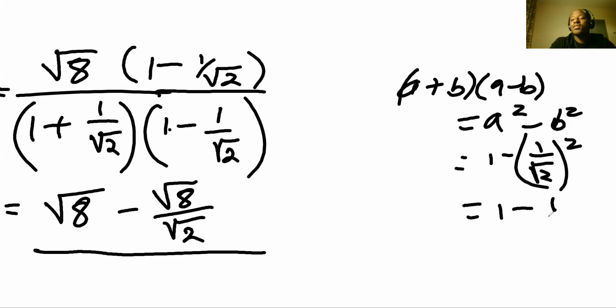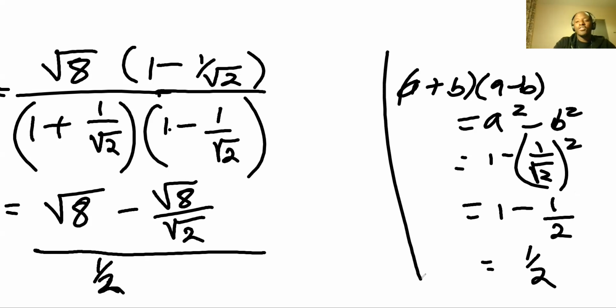Root 2 squared is root 2 times root 2, which is root 4. The square root of 4 is 2. So it's just 1 over 2. So 1 minus a half is a half. So you have your value here as a half in the denominator. So you have solved your denominator here using a squared minus b squared.